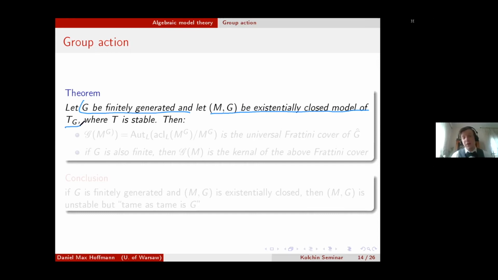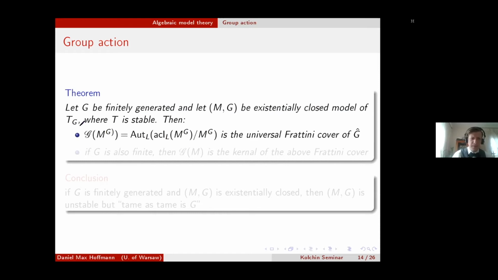Right now in this theorem, I'm not assuming that the model companion exists. So it's a little bit more general. You don't need to check it. But say that you have an existentially closed model with group action of group G, which is finitely generated, and M is stable. Then the absolute Galois group of M^G, again, what was it?